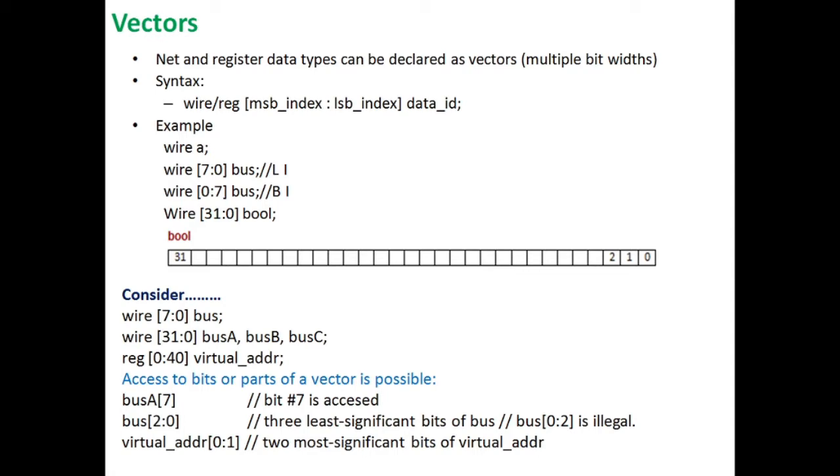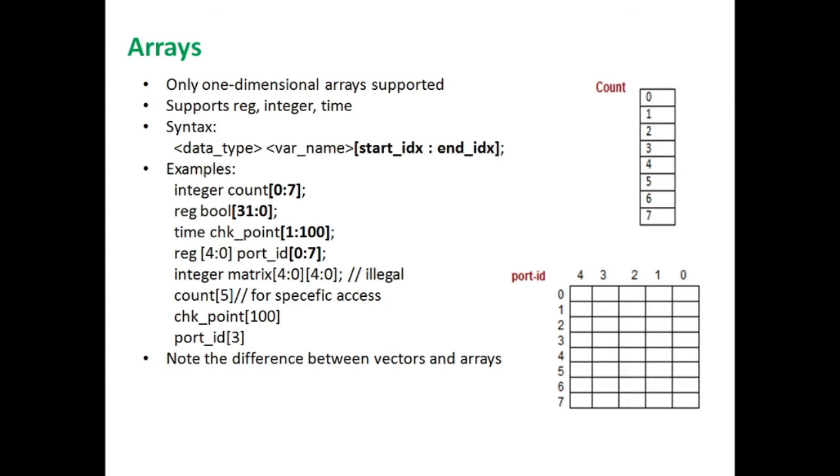But coming to an array, we studied the array also. Arrays are multiple elements that are L bit or n bits wide. I am having here multiple elements, that means a first element, second element, third element. I am having 8 elements for the count variable.